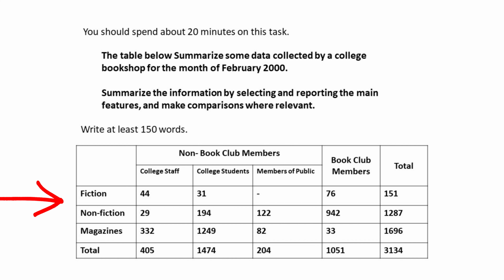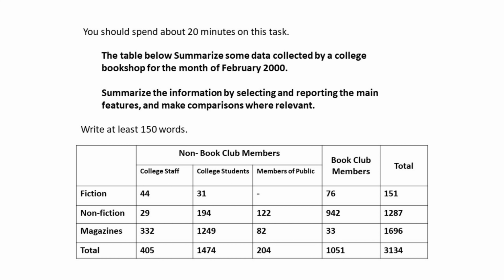We can see that there are 3 genres of books: fiction, non-fiction and magazines, and there are 2 kinds of customers: non-book club members and book club members. The non-book club members include college staff, college students and members of the public.